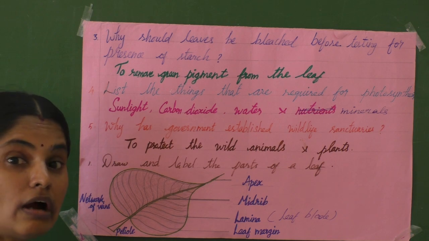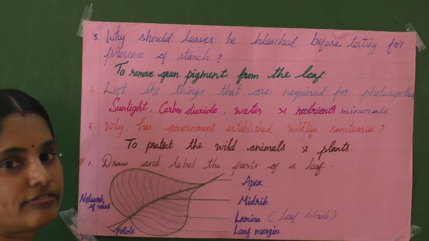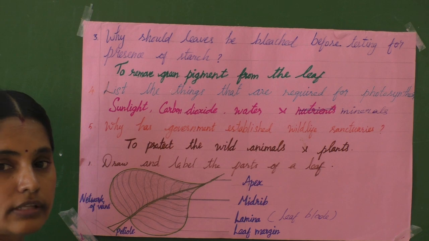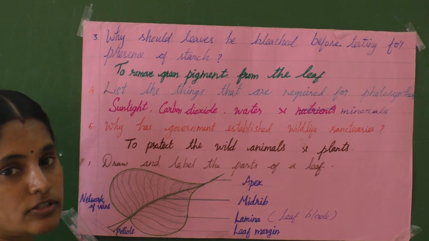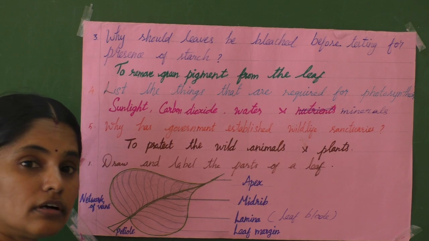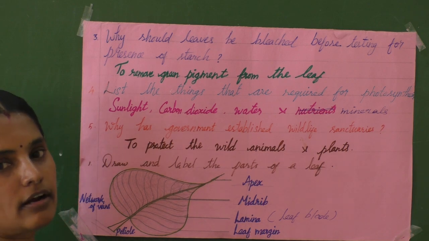For the starch test, if the leaf is green and we add iodine solution directly to the green leaf, we don't know what color change happens. If we pour it over the green color, there is no proof in the color change.